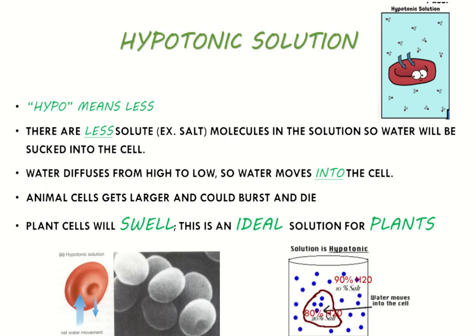Our second type is hypo. Anytime I see the O here, it does remind me of swelling, getting bigger, because it's easy to confuse hypo and hyper. Hypo means less. These definitions are, once again, based off of solute.